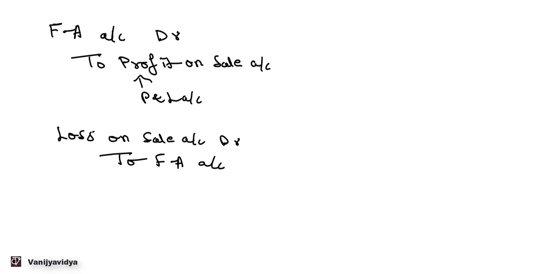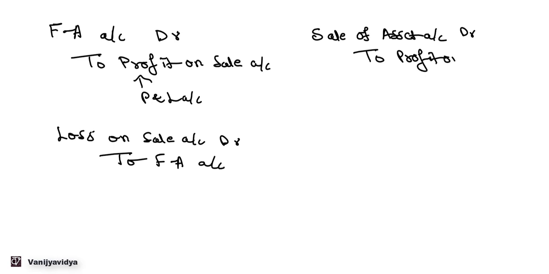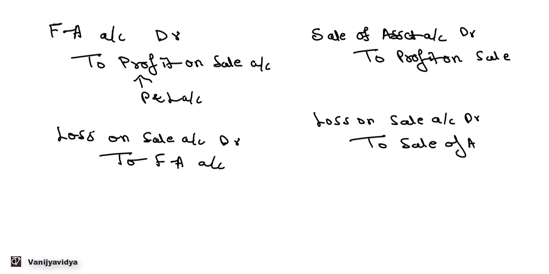So whenever there is a sale of asset and profit on sale, the entry will be sale of asset account debit to profit on sale, and for loss it will be loss on sale account debit to sale of asset account.